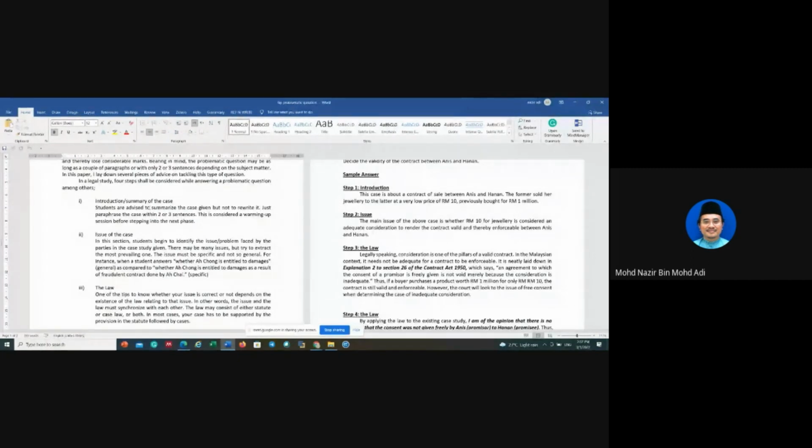Okay. The second one is very critical, because it's sometimes very hard to identify the issue or the problem, right? If you ask me why it's hard, it's very subjective. Sometimes students fail to understand the subject matter, for example, on what topic the question covers, what the question is all about.